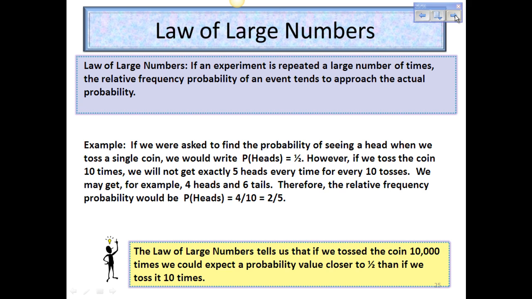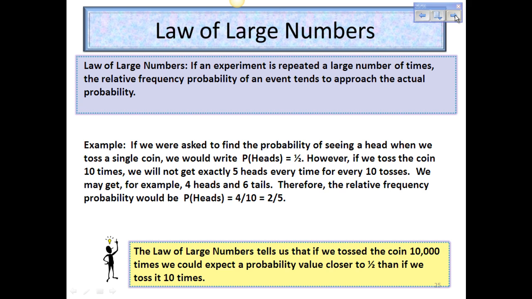However, if we toss the coin 10 times, we will not get exactly 5 heads every time for every 10 tosses. We may get, for example, 4 heads and 6 tails. Therefore, the relative frequency probability would be 4 out of 10, or 2/5.